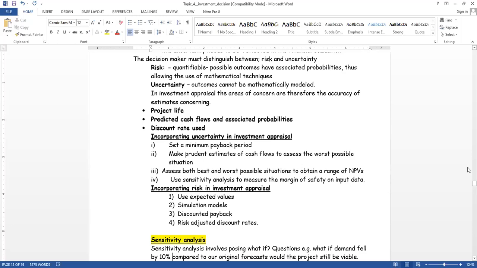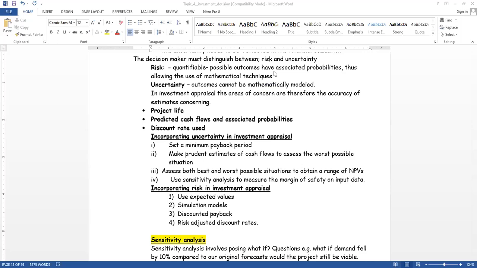But this varies depending on the economic conditions. Because you may find that the finance providers may increase the rates, or they may lower the rates depending on the prevailing economic conditions.